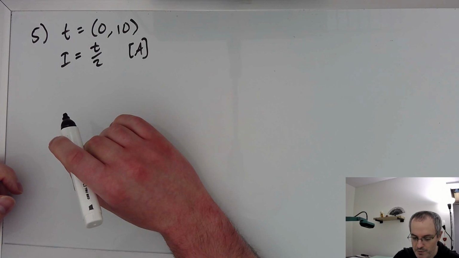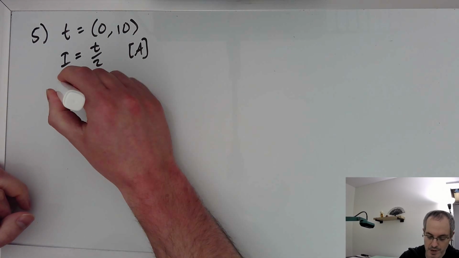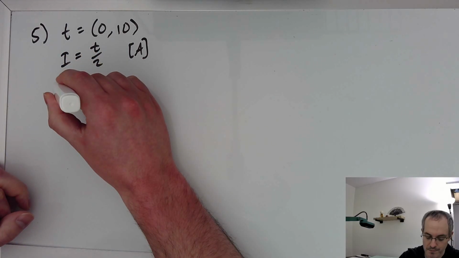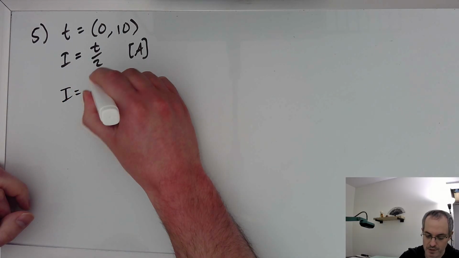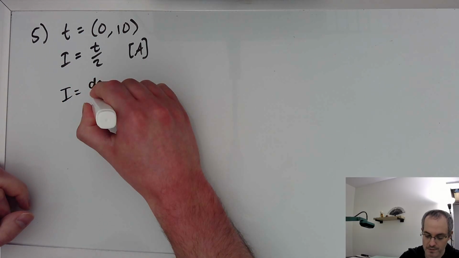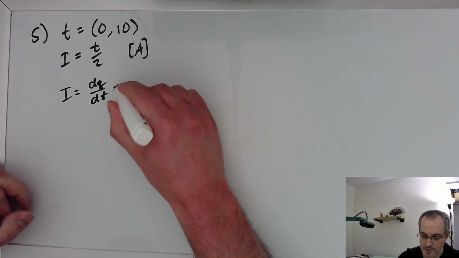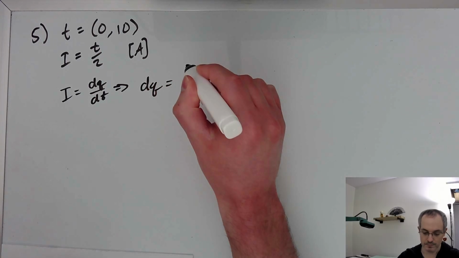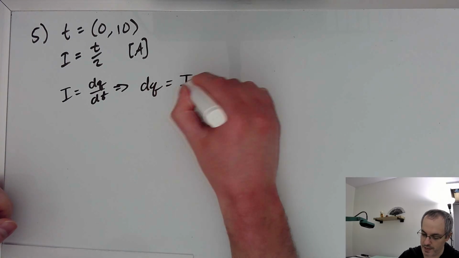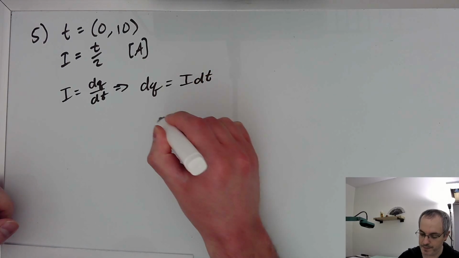Okay, so we want to do the integral. We know that I, the current, is equal to dq by dt. So we can solve this for dq equals I times dt.